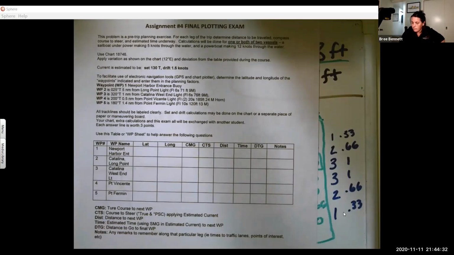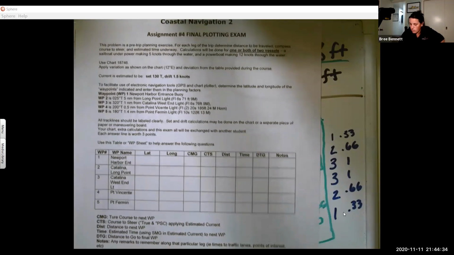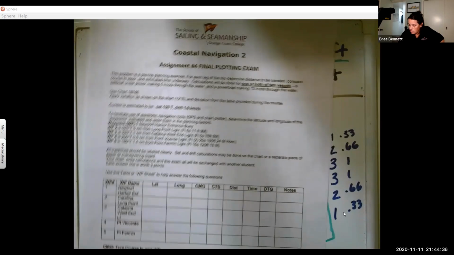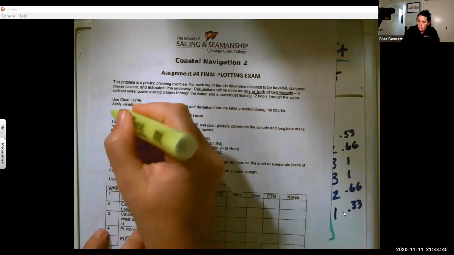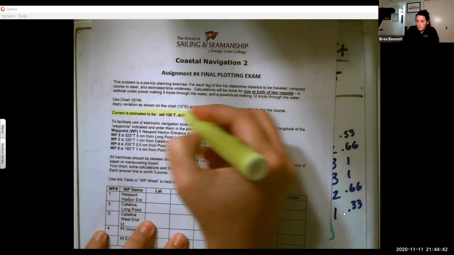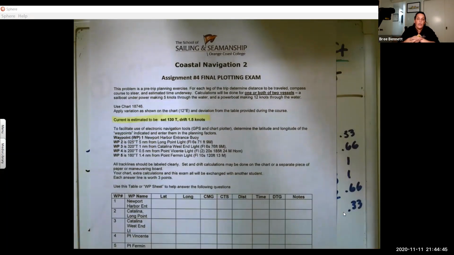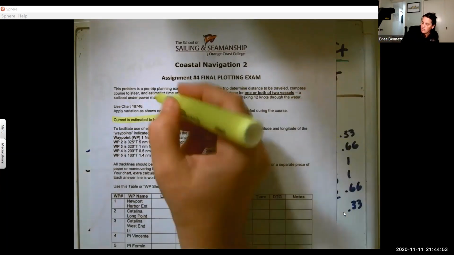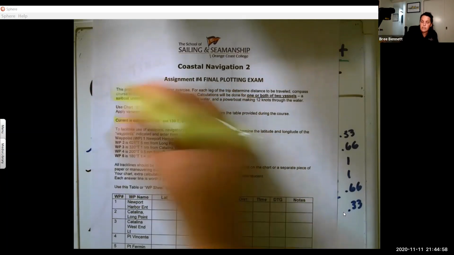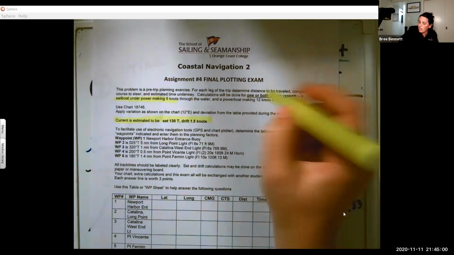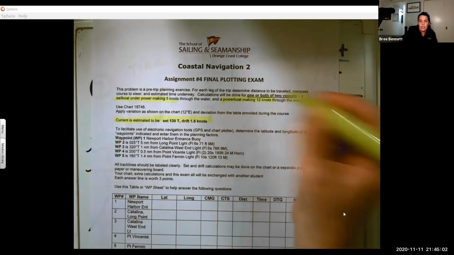It also gives you the current. Our current is estimated to be that throughout the whole voyage, so we're just going to use that current throughout. Then it tells us we can either be on a sailboat under power making 5 knots, or on a power boat making 12 knots.